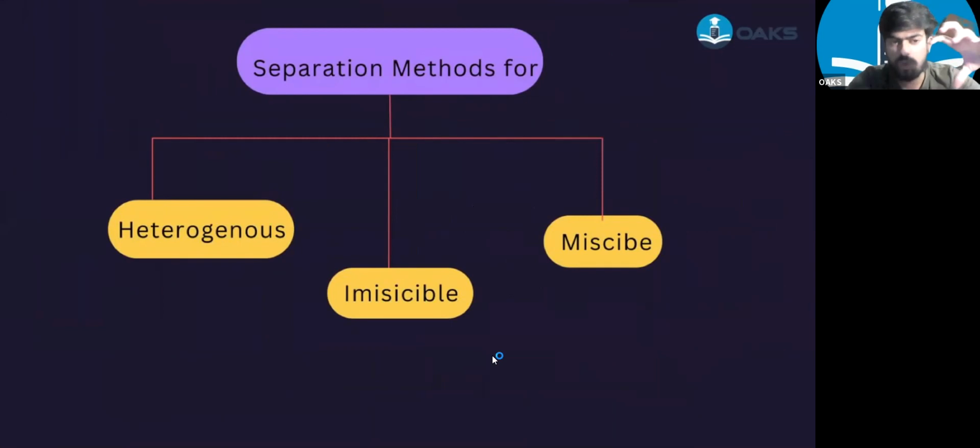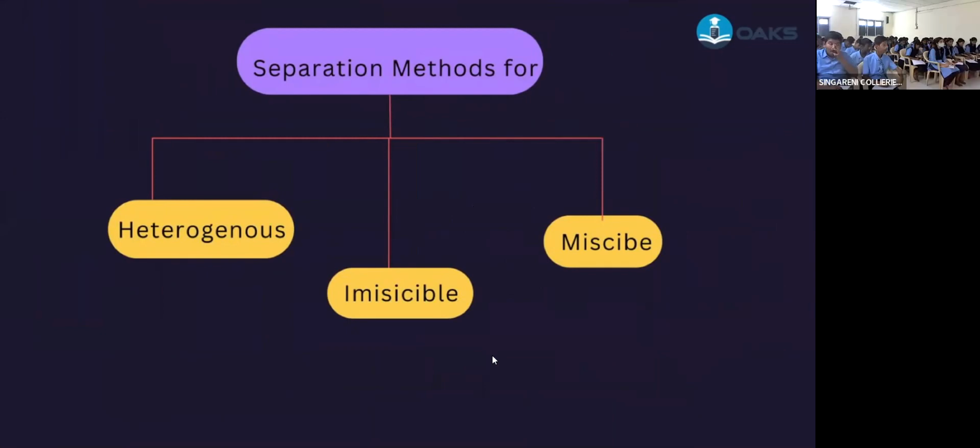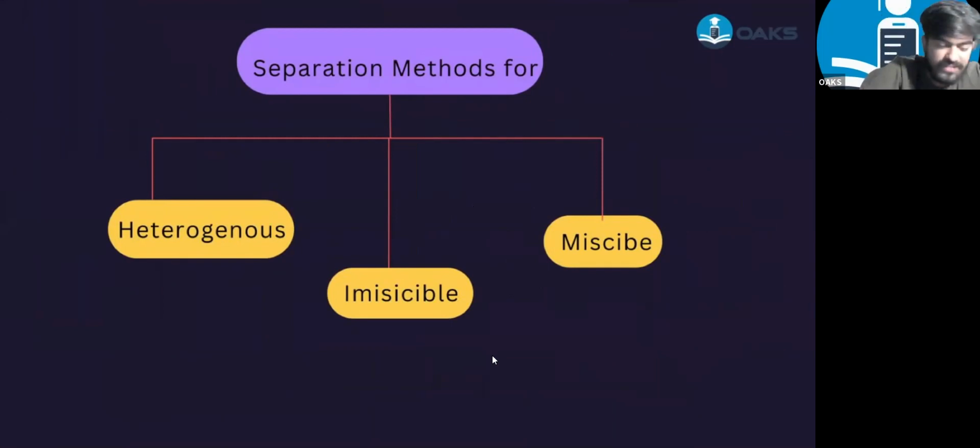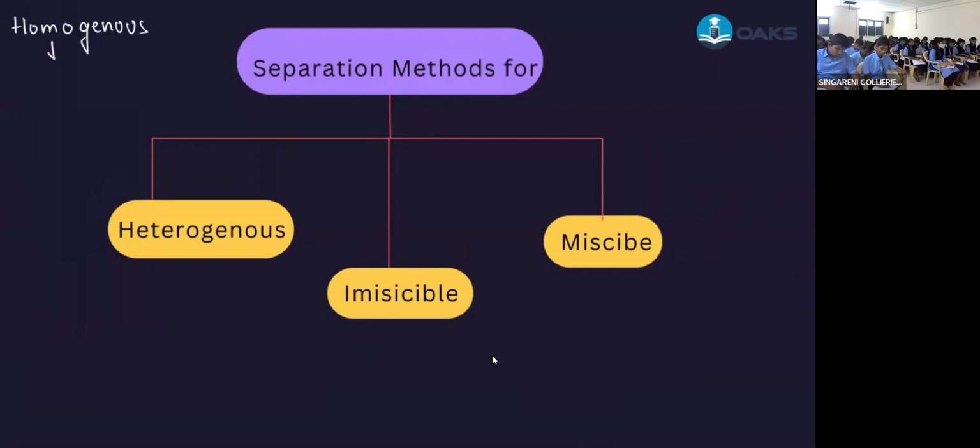We will be focusing on separating homogeneous, heterogeneous, miscible and immiscible liquids also. We know about the homogeneous mixture, that's why I have not included it here. So simply, homogeneous mixture means what? Everyone knows about the homogeneous mixture. What is that?